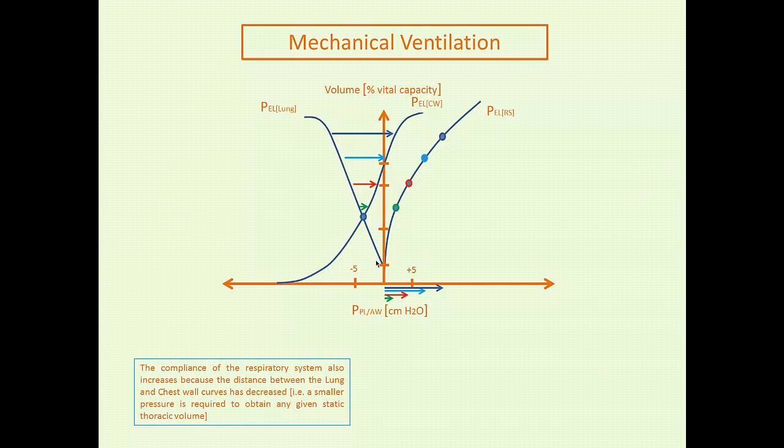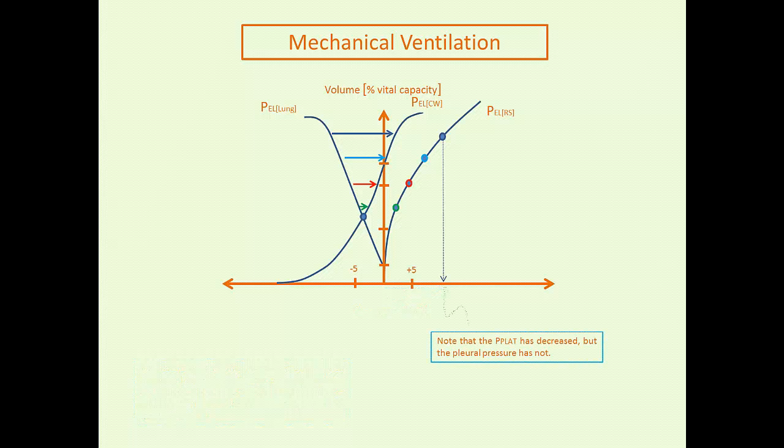And so this, as I've talked about many times before, is essentially a series of plateau pressures: if you apply a pressure to achieve this volume, you apply a higher pressure to achieve this volume, a higher pressure to achieve this volume. Each of these is a plateau pressure that you would measure at the proximal trachea during an inspiratory hold maneuver.